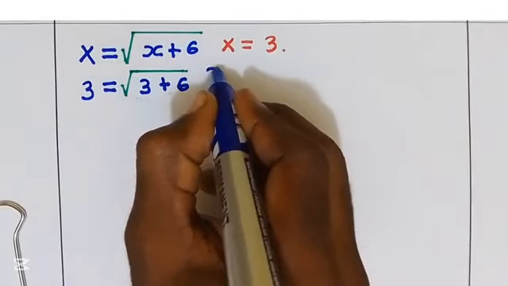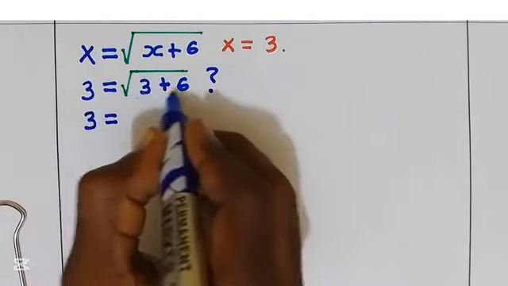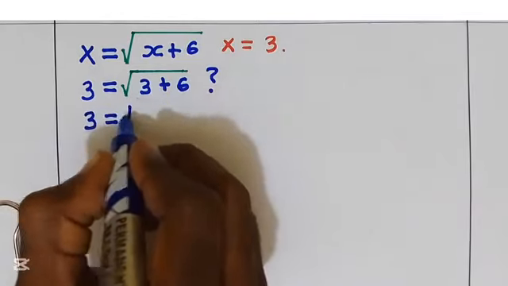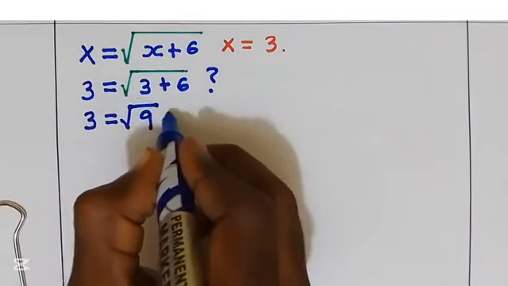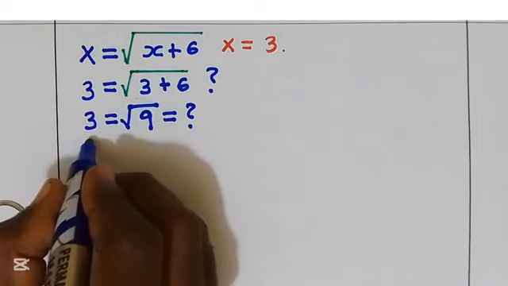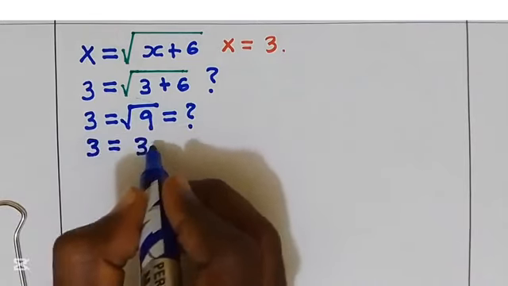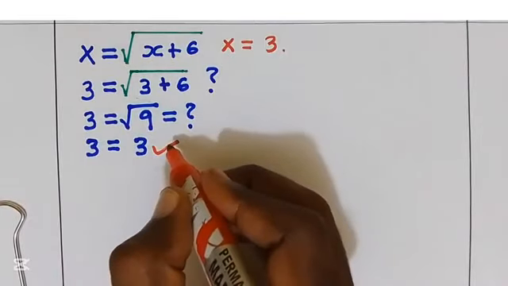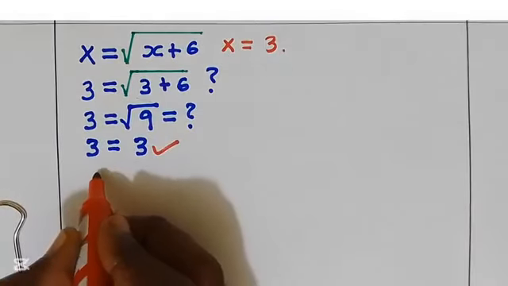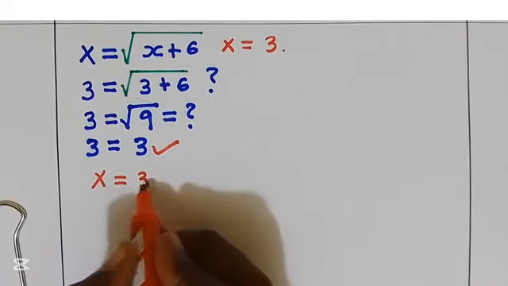Is this true? 3 plus 6, we get 9. So we have the square root of 9. Is this true? 3 is equal to the square root of 9, which is 3. That is true. So x is equal to 3 is our solution.